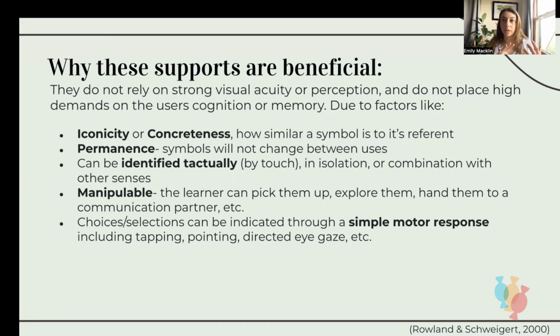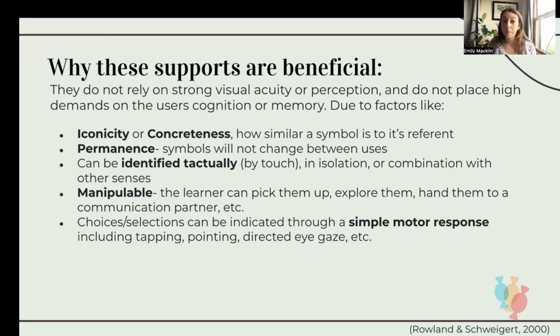So how closely related a symbol is to its referent versus kind of no logical connection between the symbol and its referent would be more of an arbitrary symbol. Permanence, so the symbols not changing between uses, so their permanence and their consistency. How they can be identified tactually, so by touch, either in isolation or in combination with other senses. So maybe if someone's accessing with some vision and their tactile sense, that's a multisensory kind of way into these symbols.